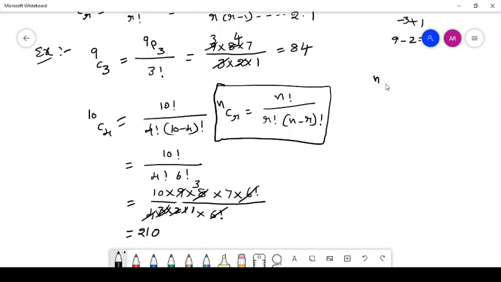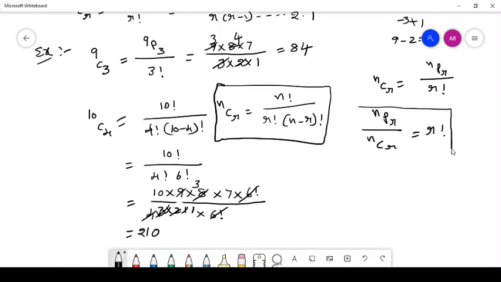So next, nCr is nPr by r factorial. This can be written, by the cross multiplication, this value goes to the denominator. Transposing r factorial to the left side, that becomes r factorial is equal to nPr by nCr. So nPr by nCr is r factorial.